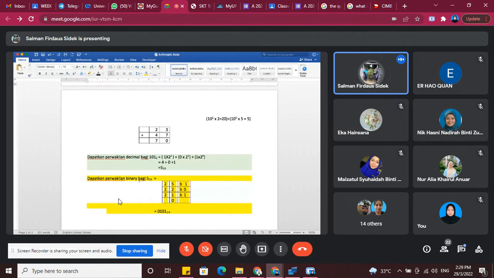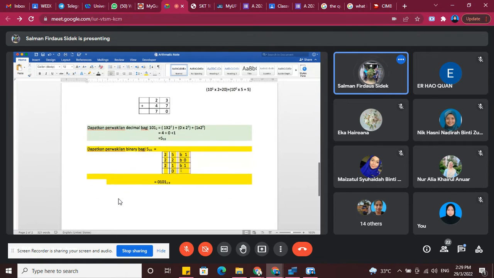Last week we stopped at how to convert or relate decimal to binary and binary to decimal.